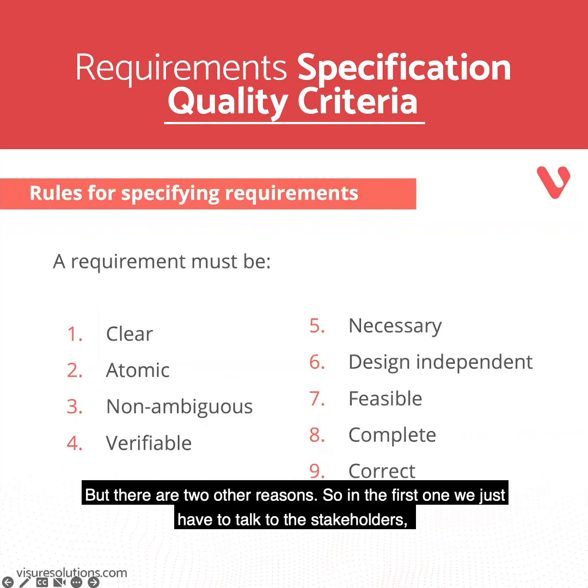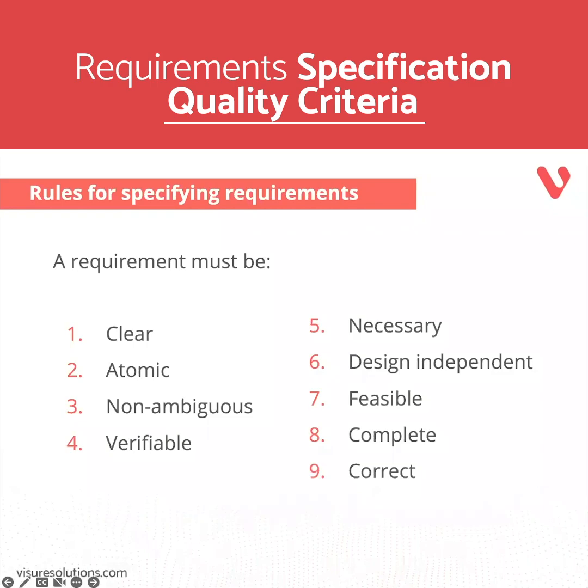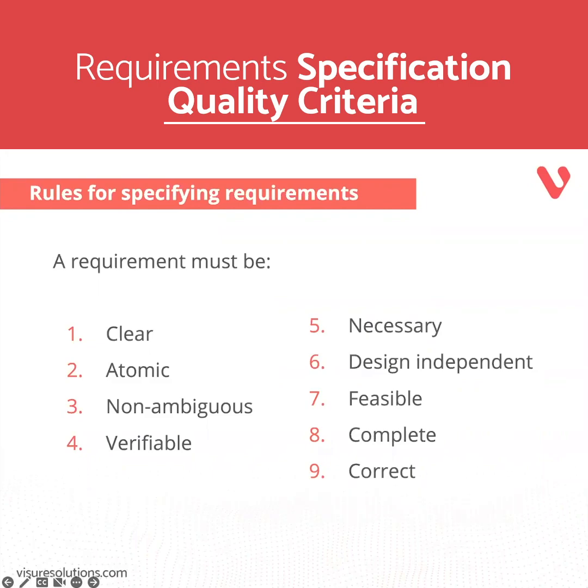But there are two other reasons. So in the first one, we just have to talk to the stakeholder, the experts, and figure out what the actual requirement is. But we might have a requirement that is perfectly well written, like the system shall operate for 2 years without a crash of this type.